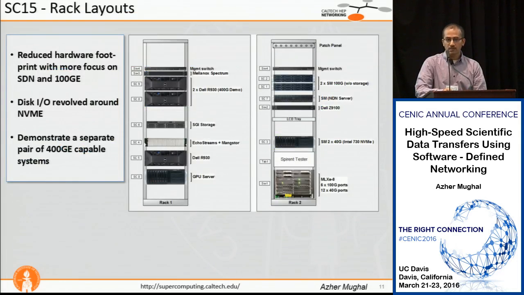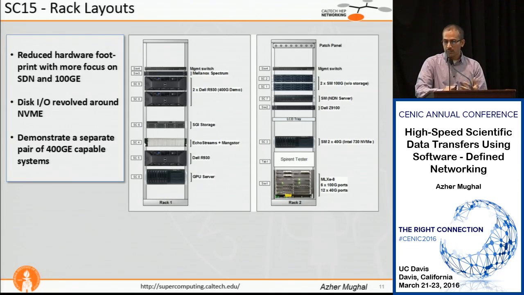Using these compact form factor 1U switches coming from Dell, Inventec and other hardware vendors has really reduced the footprint of the rack. Now the same racks can host many 100 gig ports, and those ports at the same time can be used as 10 gig, 40 gig, 25, 50, or 100 gig.